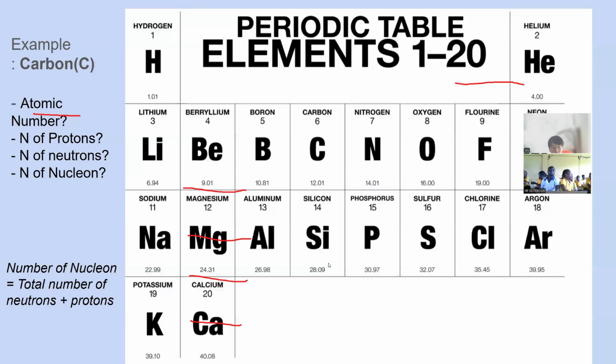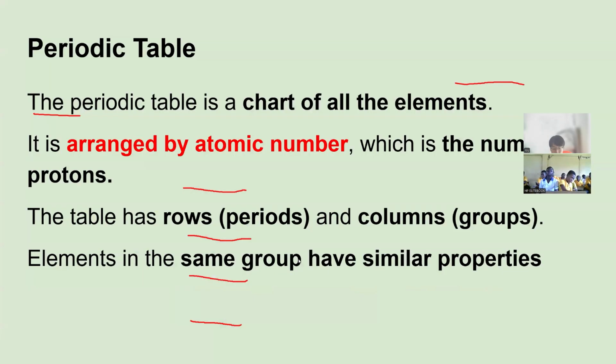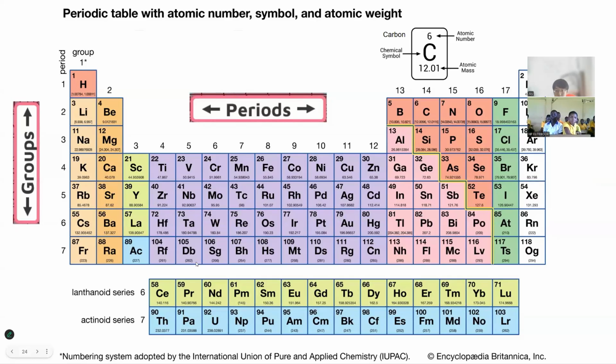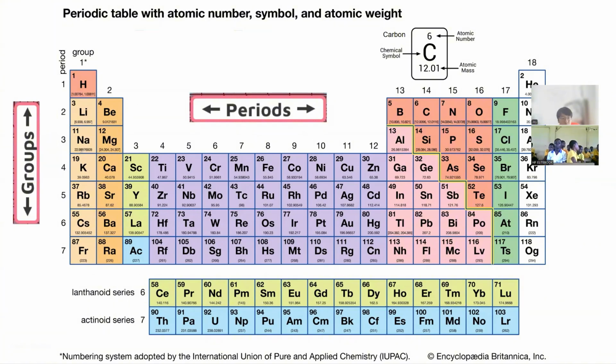So we can go back to this periodic table and we can see potassium, K, is over here, period of 4.